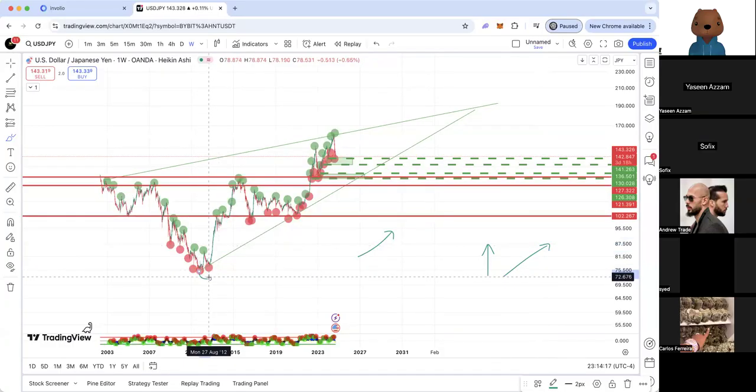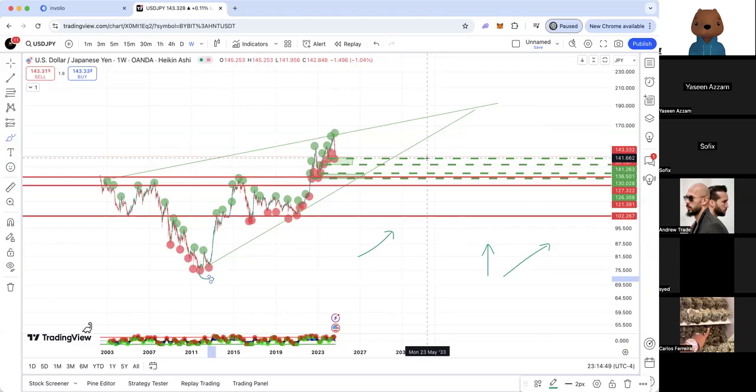And we have from September 12th, 2011, 75 Japanese yen for $1. Now it's 140 yen for $1.